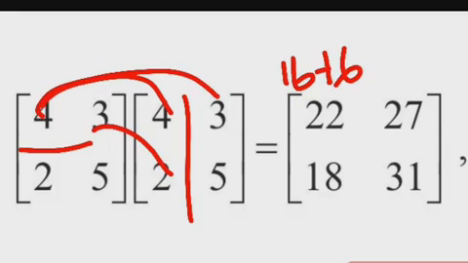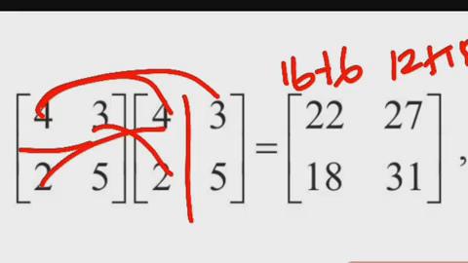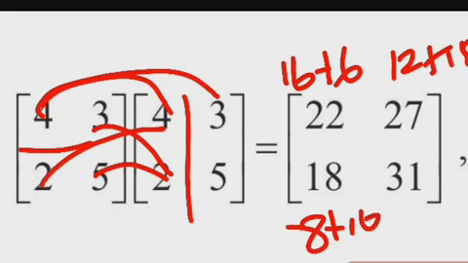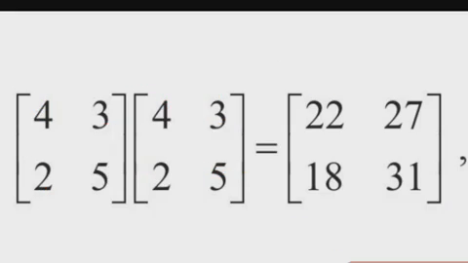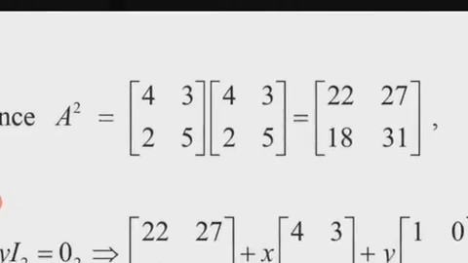Same, 4 3s are 12, 5 3s are 15, 27. Next 2 4s are 8 and 5 2s are 10, 8 plus 10, 18. Next 2 3s are 6 plus 5 5s are 25, so 6 plus 25, 31. So you know this method; from matrix multiplication we found the A square value.